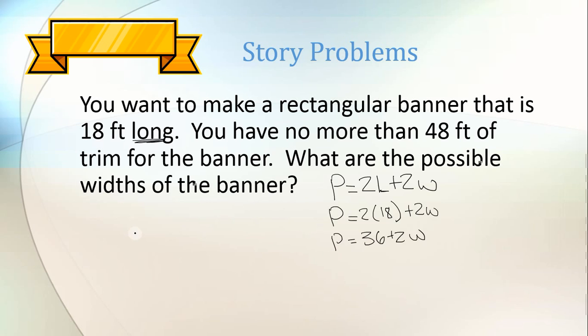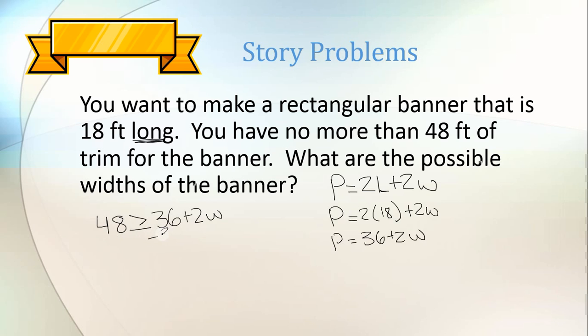So my perimeter has to be 48 feet, but it can't be any more than that. So I cannot have 49 feet. So I am going to know that everything on this side must be less than 48. So you see how my arrow is pointing out there? So I'm saying this needs to be less than 48.